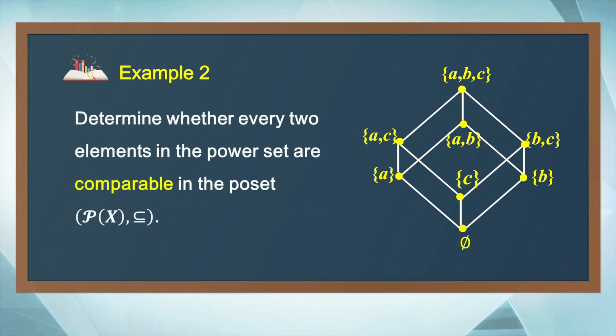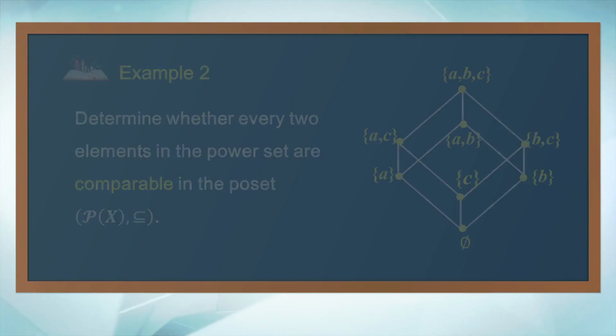Next, determine whether every two elements are comparable in the poset. The subsets A and AC are comparable because A is a subset of AC, and there exist two elements in the power set that are incomparable. Set A is not a subset of set B, and B is not a subset of A. Set A and set B are incomparable.